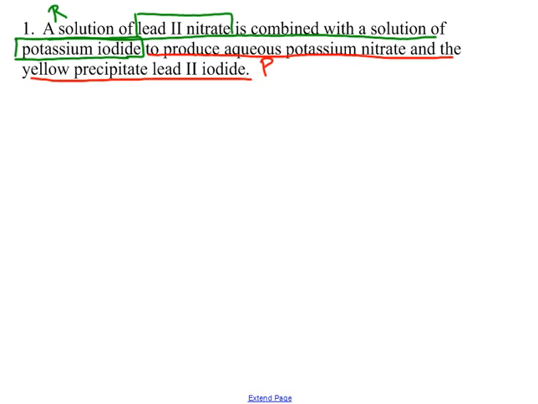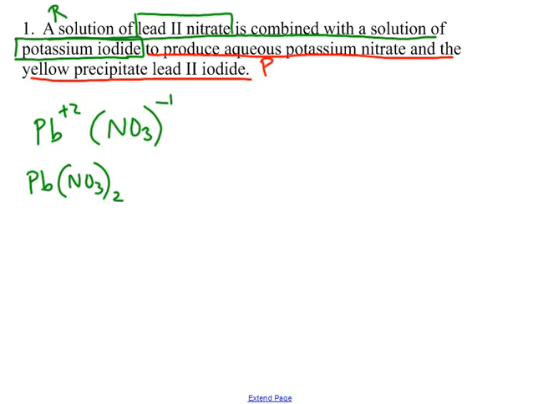Starting with lead 2 nitrate. Lead 2: the symbol for lead is Pb, and 2 means it's a +2. Nitrate is the ion NO3 with a -1. So crisscrossing that, we get the chemical formula Pb(NO3)2. Now this says that this was a solution.